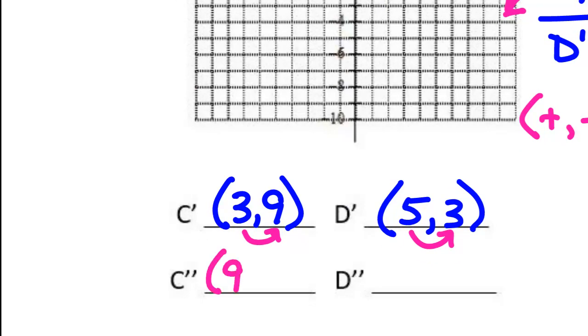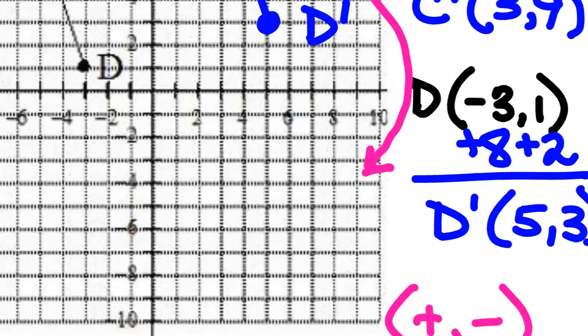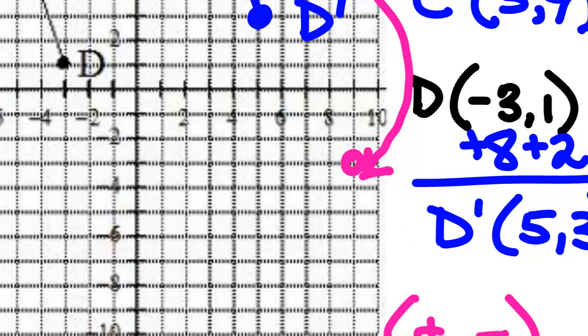So I'm going to need to switch these numbers around. So I would have 9 and 3, 3 and 5. Which numbers need to be negative? 3 for the y in C prime and 5 for the y in D prime. Sorry, D double prime and C double prime. All right, so let's graph those. 9, -3, that's going to put my C double prime right here.